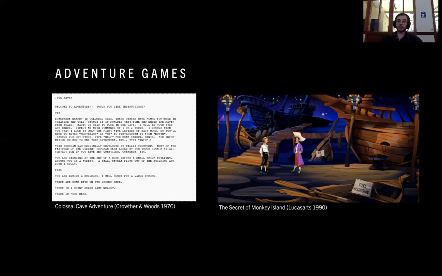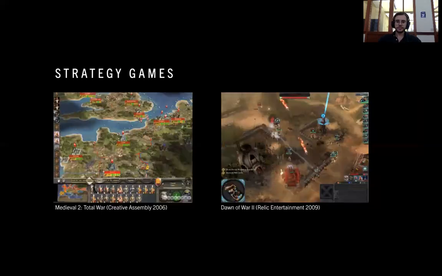Here we don't interact dynamically, simply because it is not important. In adventure games such as the early Colossal Cave Adventure, from which these games have their name, or The Secret of Monkey Island, our goal is to find out what happened and solve a mystery, or traverse the game space by solving riddles and puzzles. So this allows for a specific way of interaction.